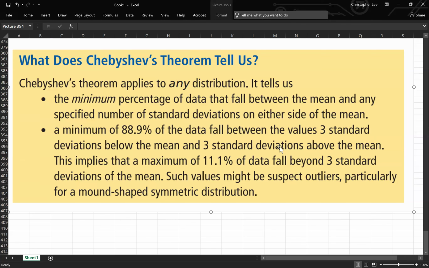Chebyshev's theorem applies to any distribution. It tells us the minimum percentage of data that fall between the mean and any specified number of standard deviations on either side of the mean. A minimum of 88.9% of the data fall between 3 standard deviations below the mean and 3 standard deviations above the mean. This implies that a maximum of 11.1% of data fall beyond 3 standard deviations of the mean. Such values might be suspect outliers, particularly for a mound-shaped symmetric distribution.